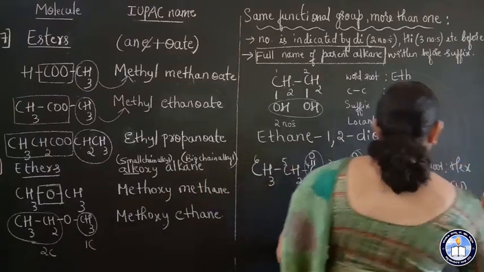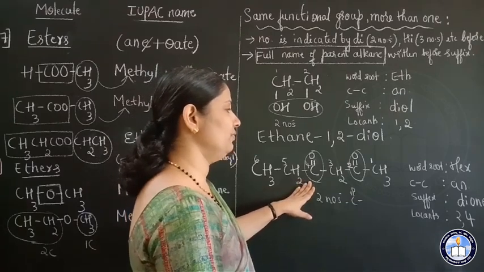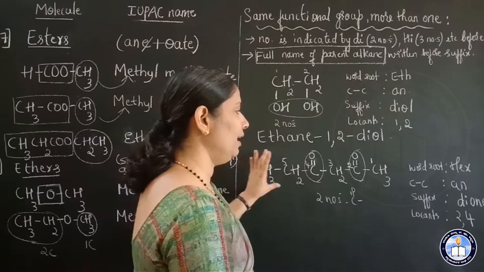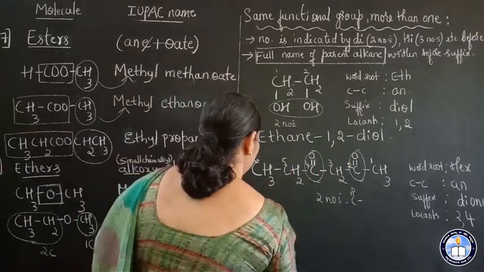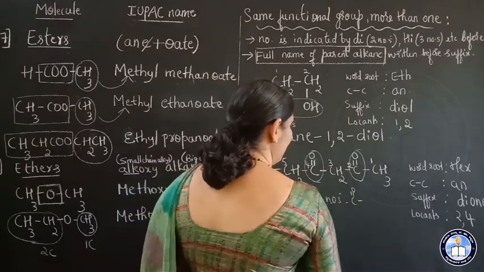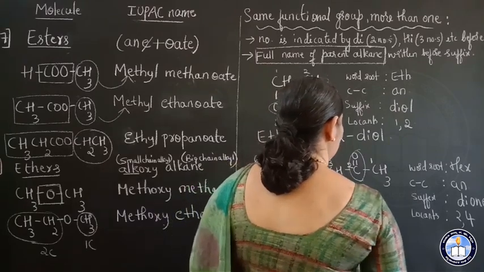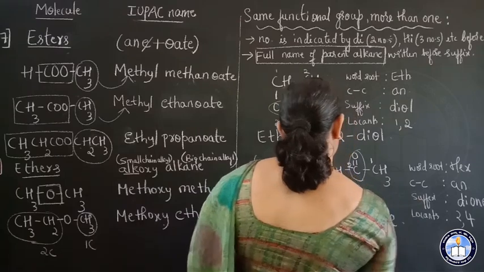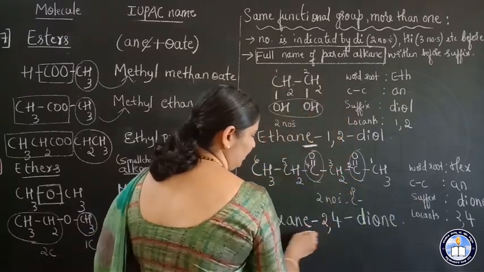Since 2 numbers of CO group are present, you have to write the complete name of the alkane. So hexane-2,4-dione. Right? Remember that the complete name of the alkane, you have to write each time.